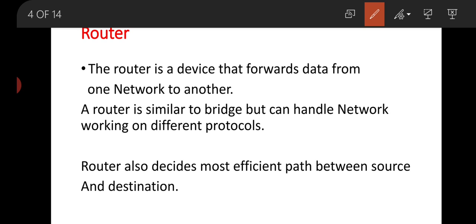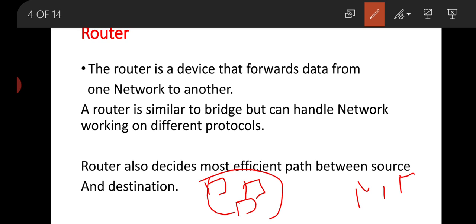Now understand the working of router. Suppose there are two networks, this is one network, this is the other network, and here router can be used.